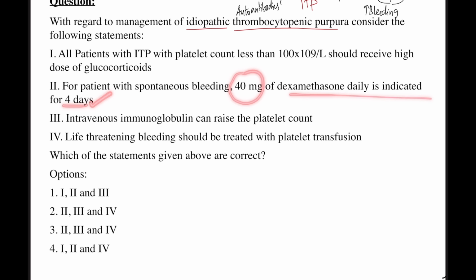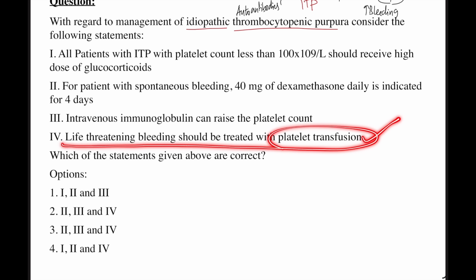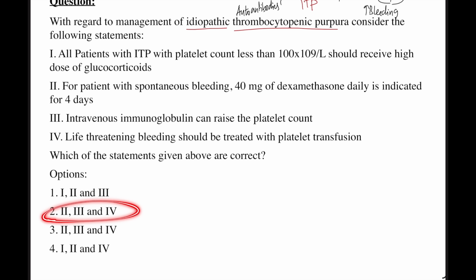Yes, that is correct. IV immunoglobulin can raise the platelet count. Yes, we give it in bleeding cases to increase the platelet count. Life threatening bleeding should be treated with platelets. This is also right. So statements 2, 3, 4 are correct, and option 2 is the correct answer.